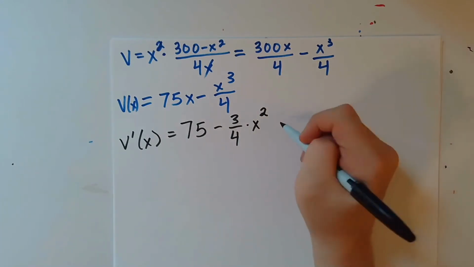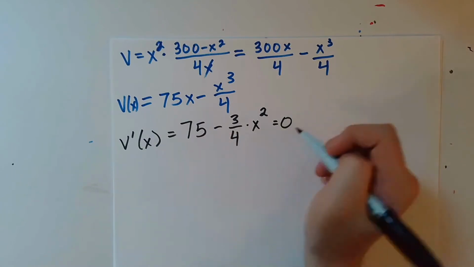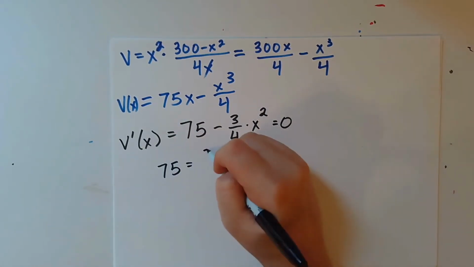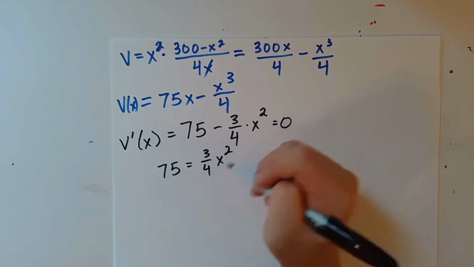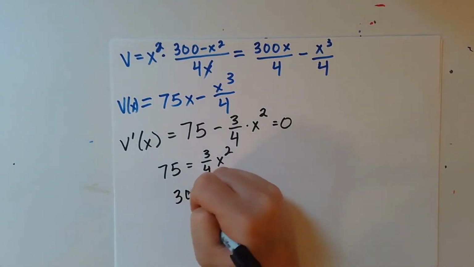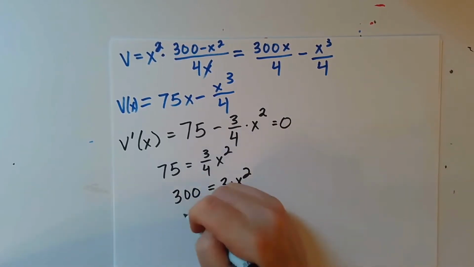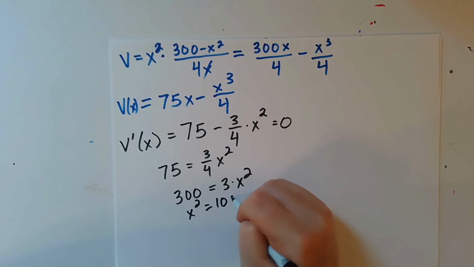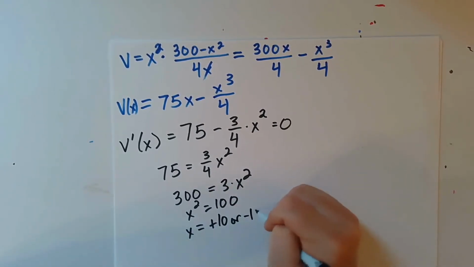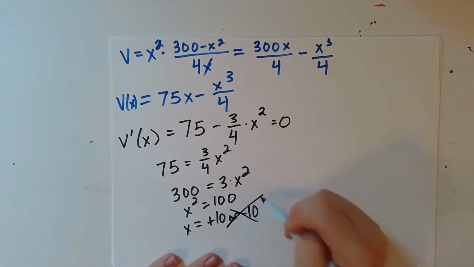And we'll figure out when that is 0. So I'll get 75 equals 3/4 x squared. Multiply each side by 4. 300 equals 3 times x squared. So x squared is 100. So x is plus 10 or minus 10. Although, of course, x is the side length of a box, so it cannot be minus 10.